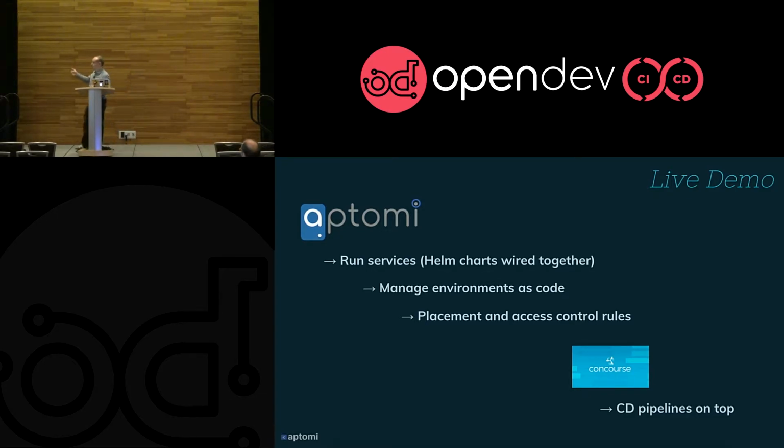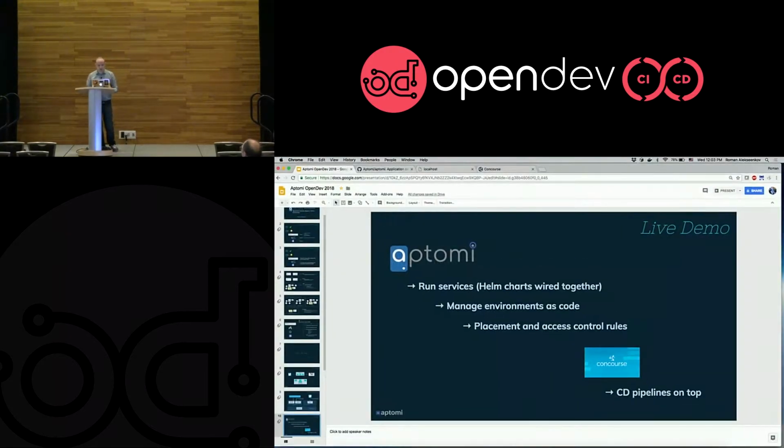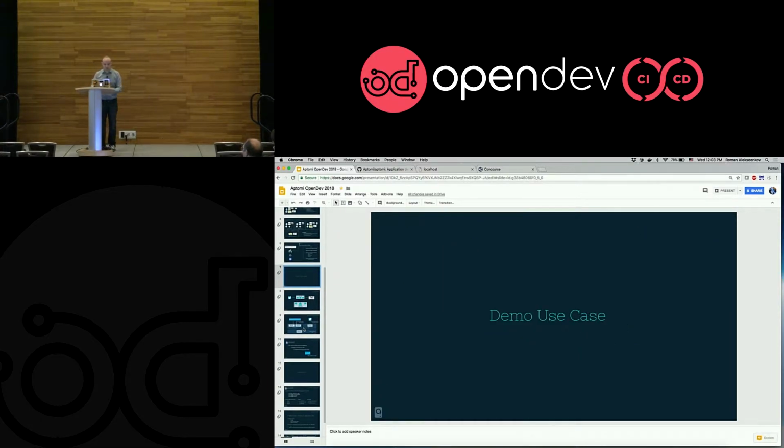So for this particular demo, we picked Concourse because it's not as bulky as some of the other tools. It's very lightweight. Everything is code, read-only UI, and you define everything from CLI or GitOps from the YAML files. So that's the preparation part. At this point, we're going to go to the live demo.